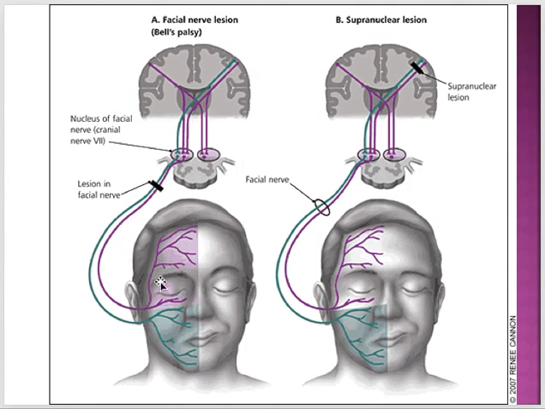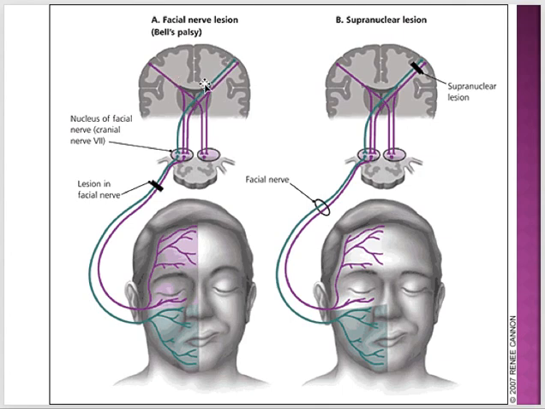Whereas if you follow the upper half of the facial expressions, the facial nerve was carrying the fibers, and go back as soon as it enters the pons. Now it goes to the contralateral side as well as gives fibers to the ipsilateral side, which means the upper half of the face is controlled by both of the hemispheres.